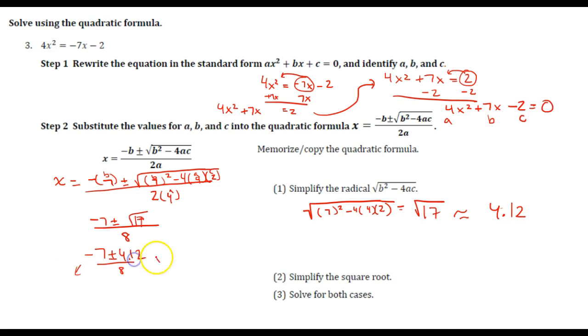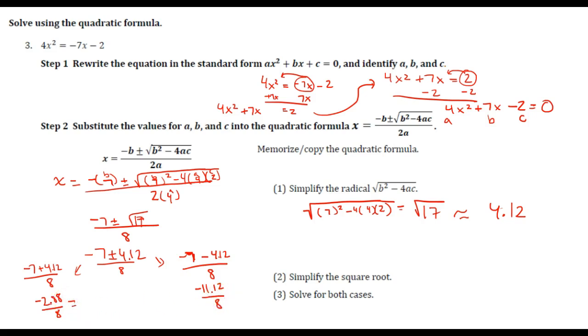Let's go ahead and work that out. Negative 7 plus 4.12, and negative 7 minus 4.12, over 8. So that would be about negative 2.88 divided by 8. This would be about negative 7 minus 4.12, negative 11.12.